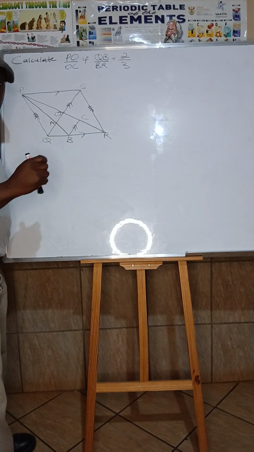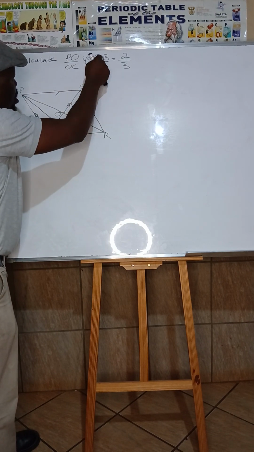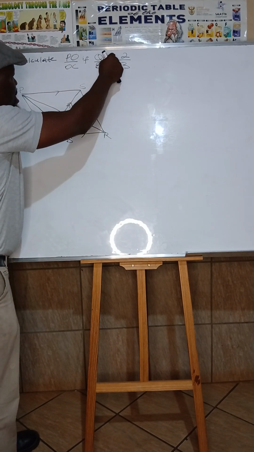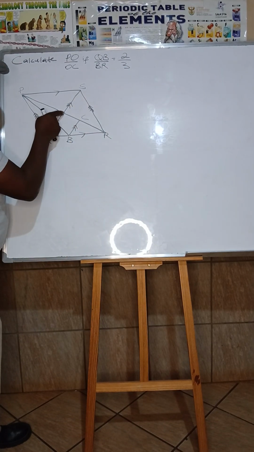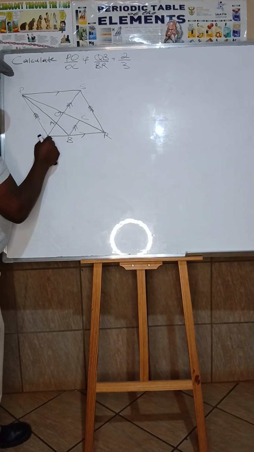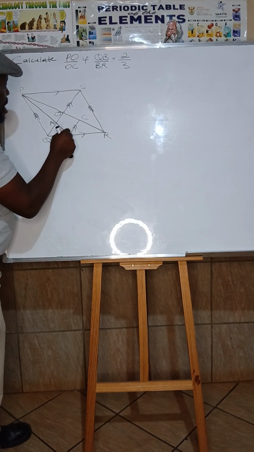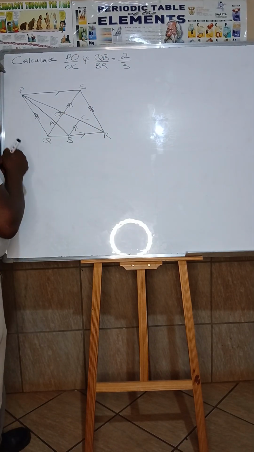The instruction says calculate PO over OC if QB over BR is equal to 2 over 3.